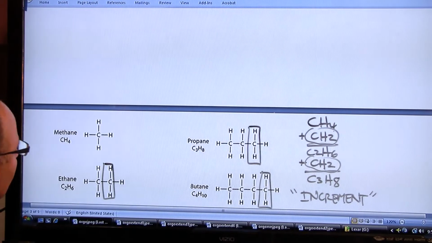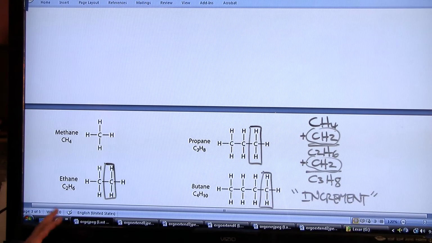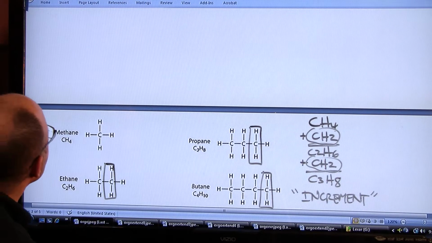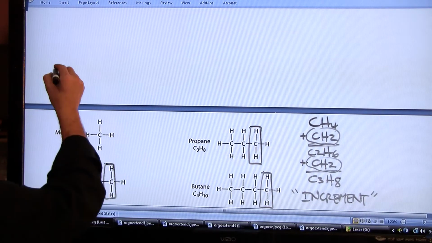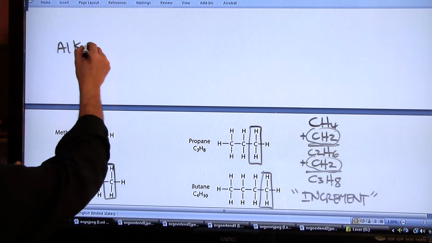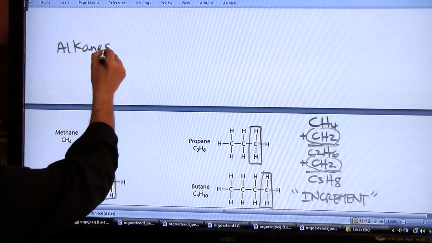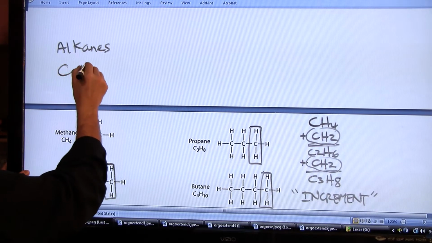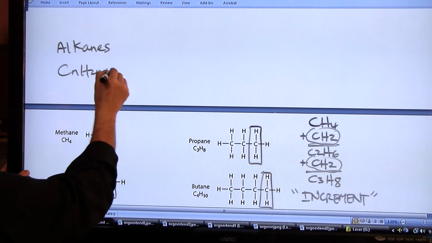And another thing I'd like you to note is let's work a little with these formulas while we're here. And we said that for the alkanes, the general formula is CnH2n+2.